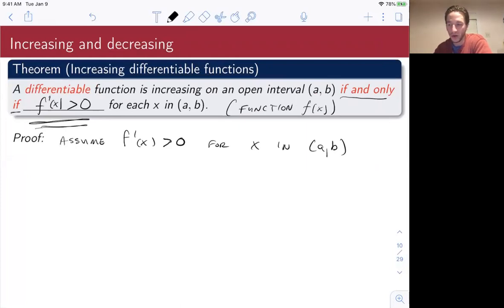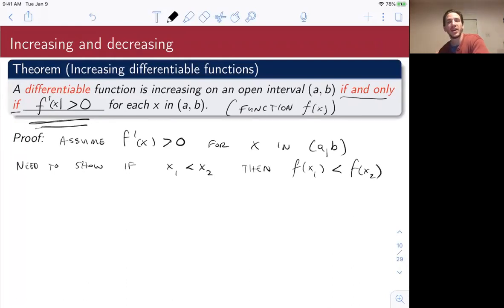Then I need to show that if x1 is less than x2, then f of x1 is less than f of x2. I'm assuming f prime is bigger than 0, and I want to use that to show that f is increasing, which is exactly what I wrote for what I need to show.